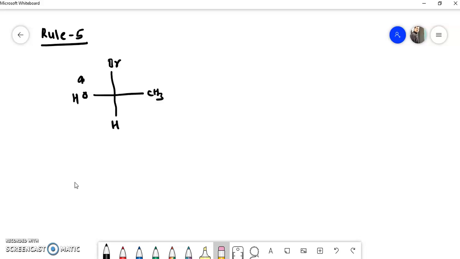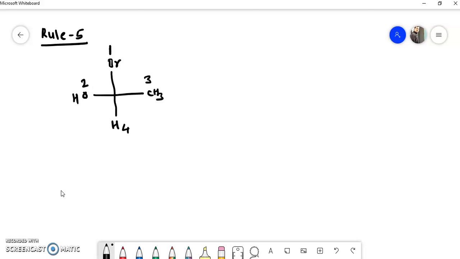Bromine will get the first priority because bromine's atomic number is highest. Then the second priority will go to this oxygen, third priority will go to this carbon, and fourth priority will go to this hydrogen. Now rotate the sequence.